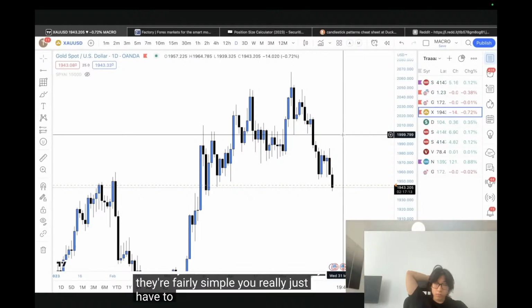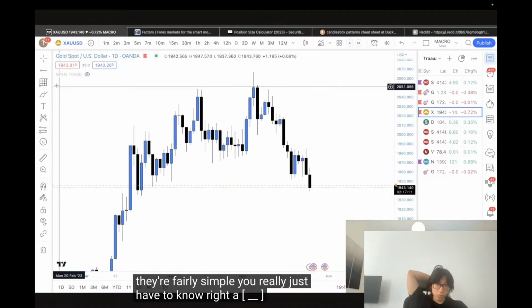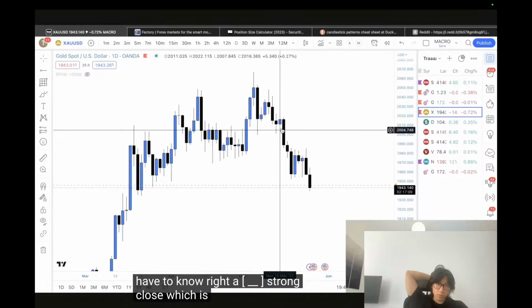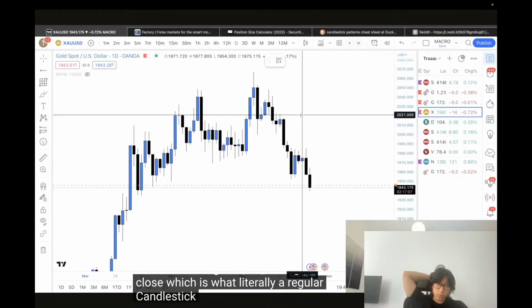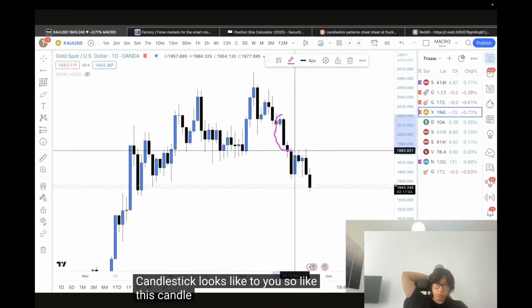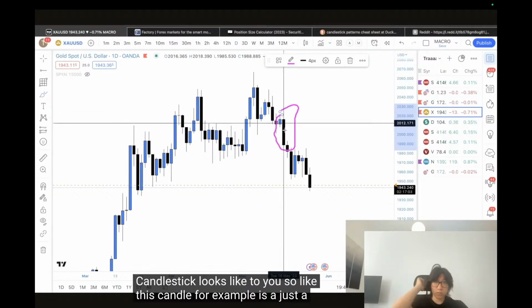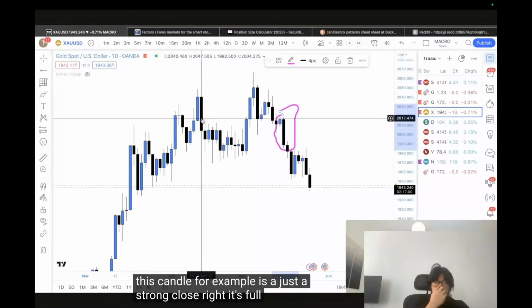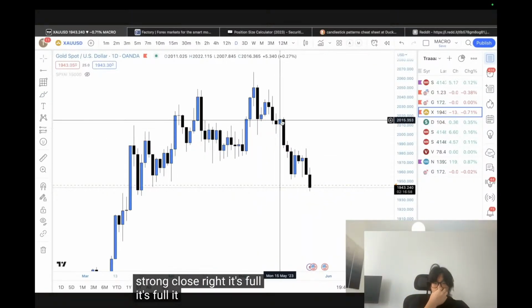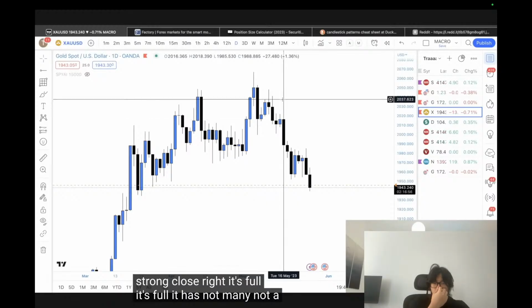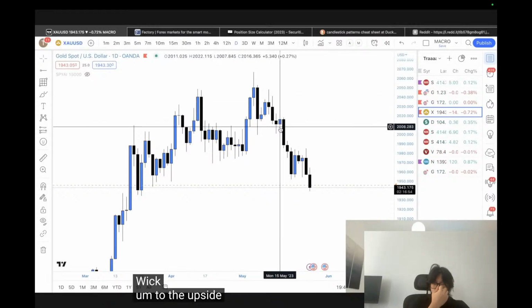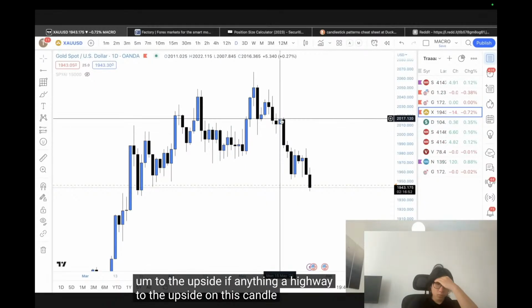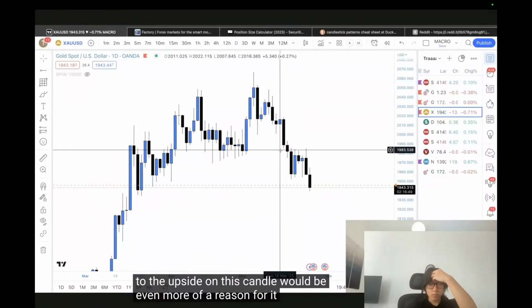You really just have to know a strong close, which is literally what a regular candlestick looks like to you. So this candle, for example, is just a strong close, right? It's full. It has not a high wick to the upside. If anything, a high wick to the upside on this candle would be even more of a reason for it to be a strong close.